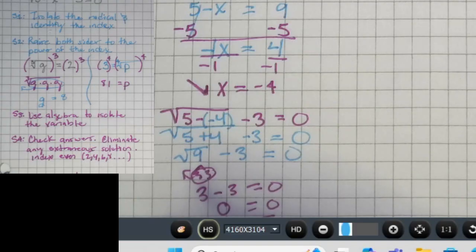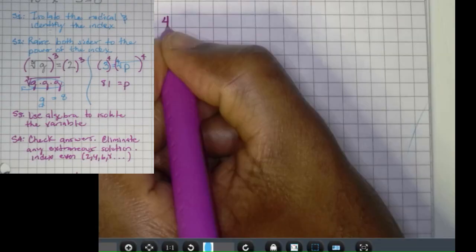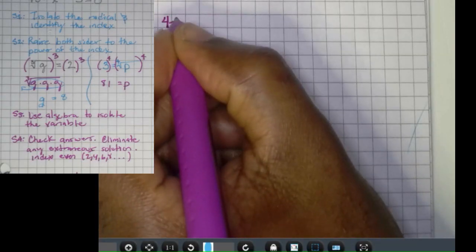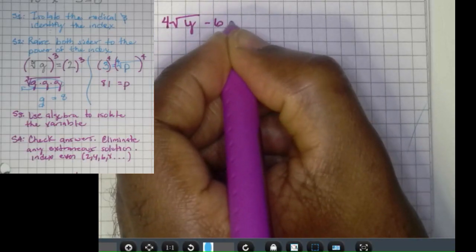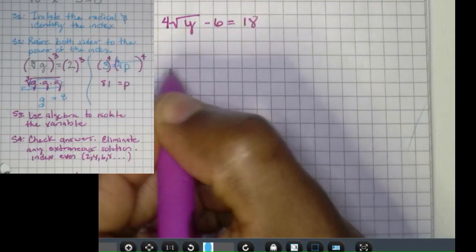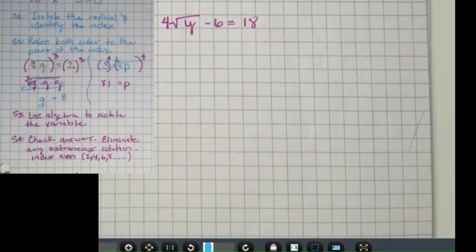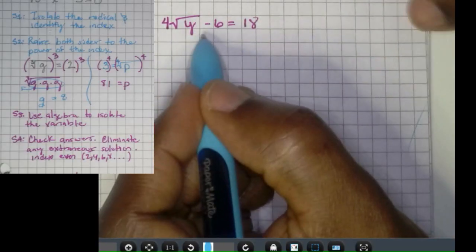All right. Let's do another one. Let's say we have 4 square root of y minus 6 equals 18. All right, so we have to isolate the radical, right?